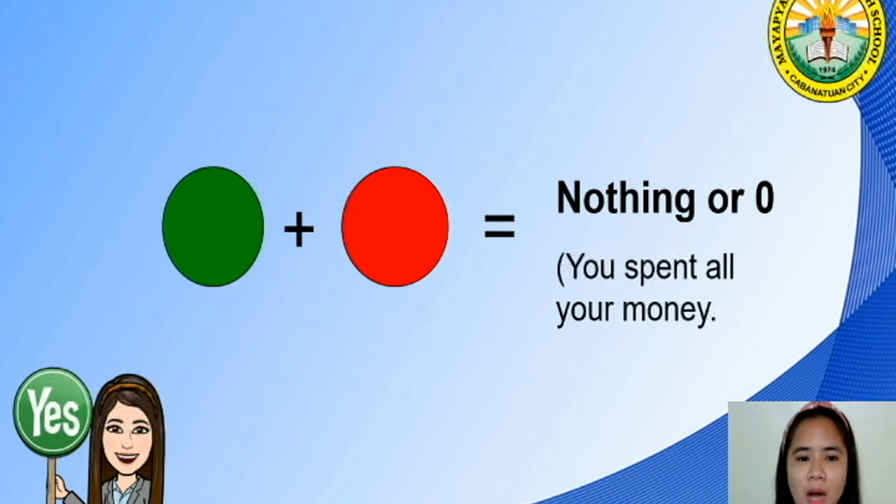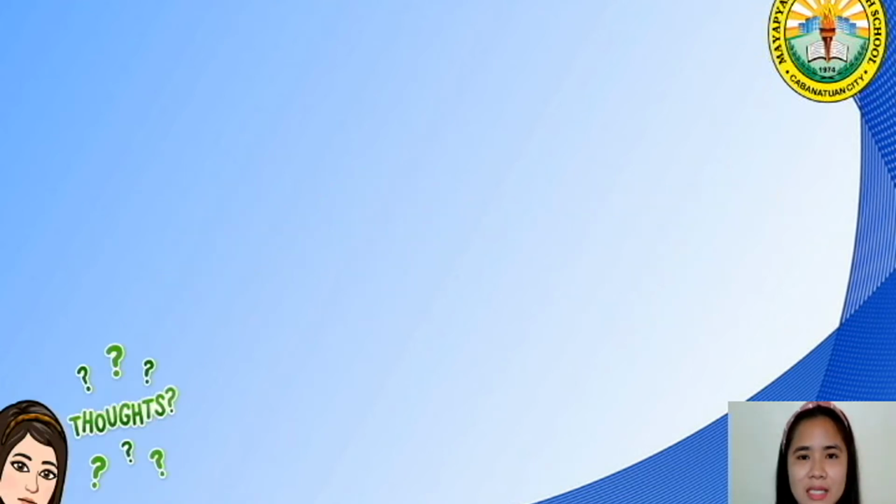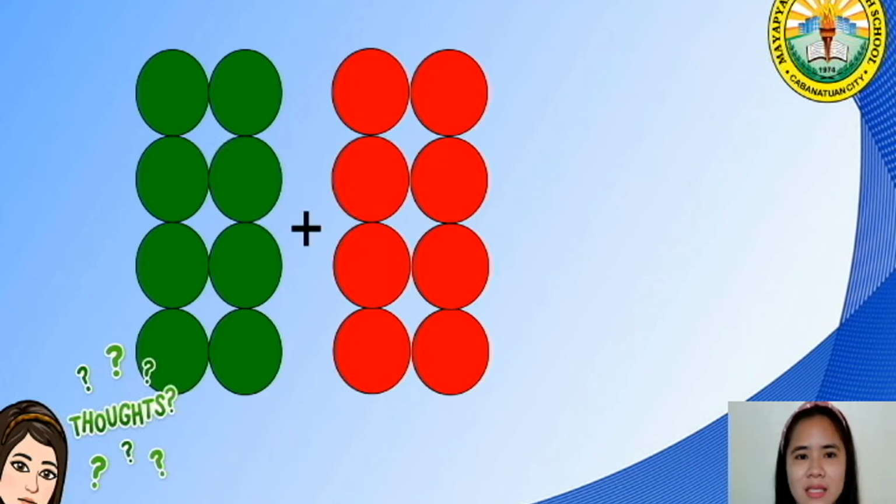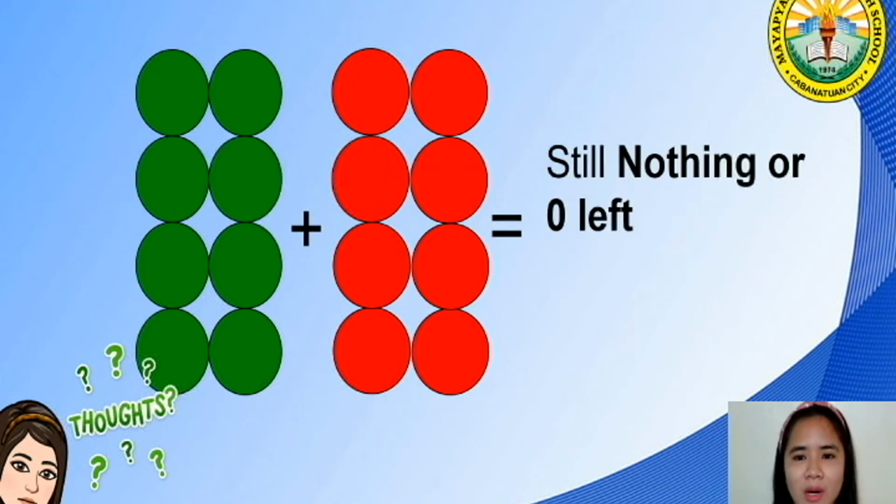Thus, 1 plus negative 1 equals 0 or nothing. The same goes with this one. If we have 8 greens and 8 reds, each red still cancels out a green. Therefore, positive 8 plus negative 8 equals 0 or nothing left.